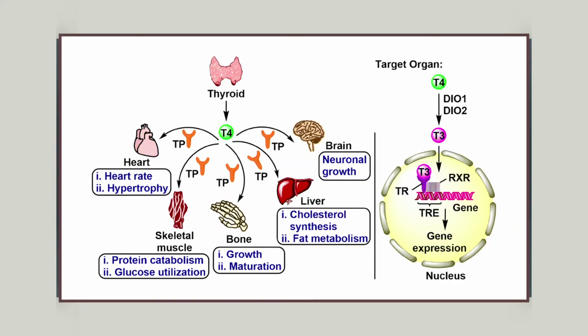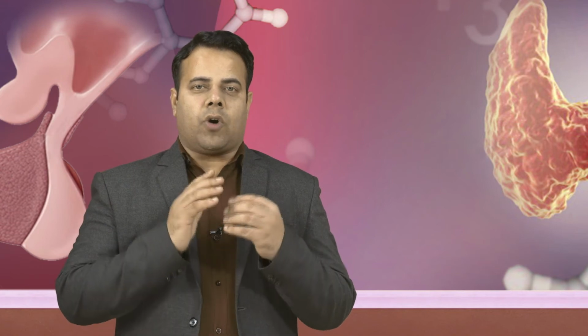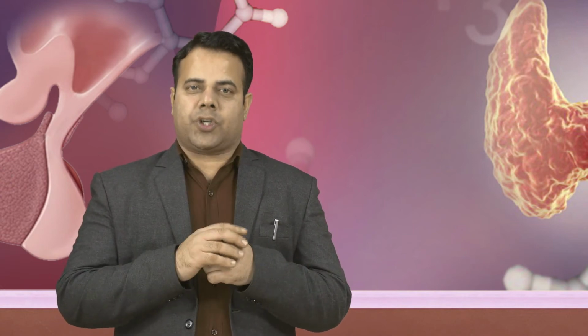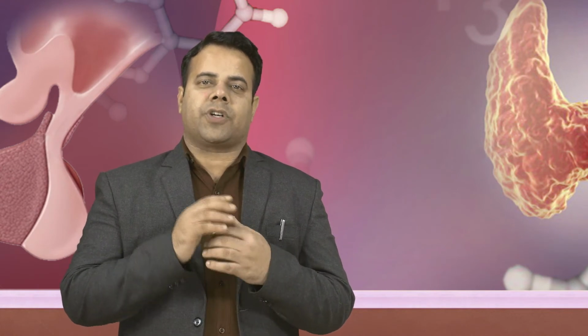T3 is bound with 10 to 15 times greater affinity than T4. Although T4 is produced in excess of T3, receptors are occupied mainly by T3, reflecting T4 to T3 conversion by peripheral tissues, greater T3 bioavailability in the plasma, and the greater affinity of receptors for T3.